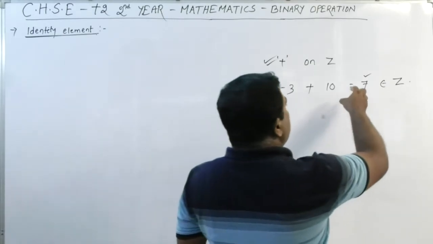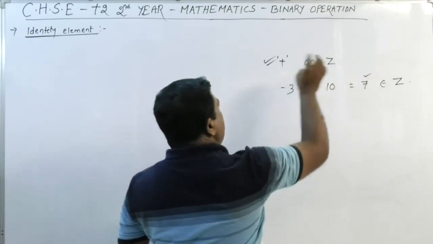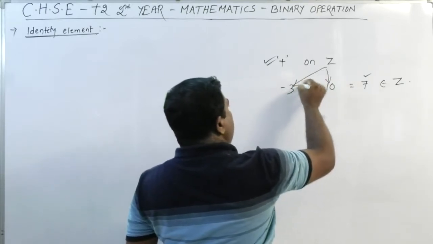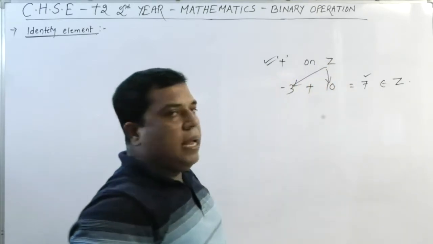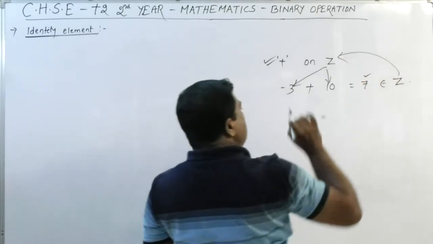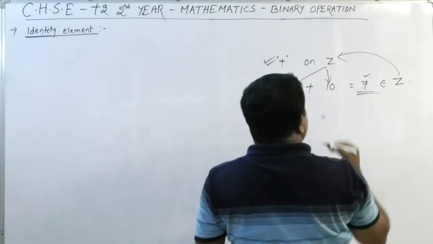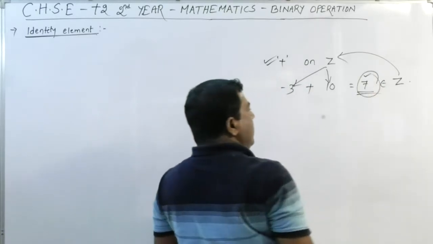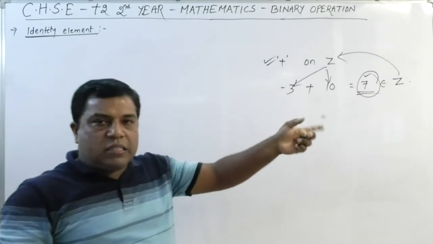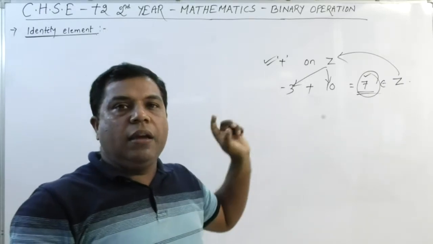Closure law means the result belongs to the same set from where the original elements are taken. The original elements are taken from Z, and the output is also belonging to Z. As 7 is an integer, it is a binary operation.